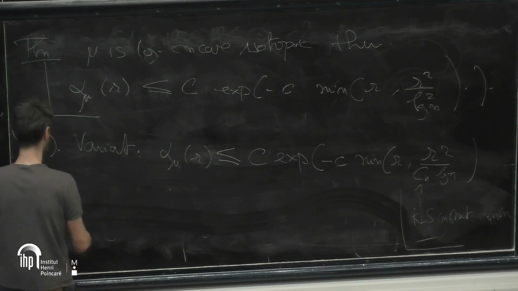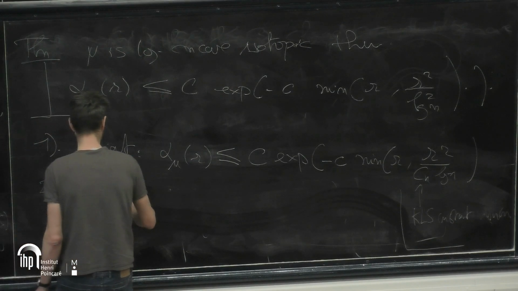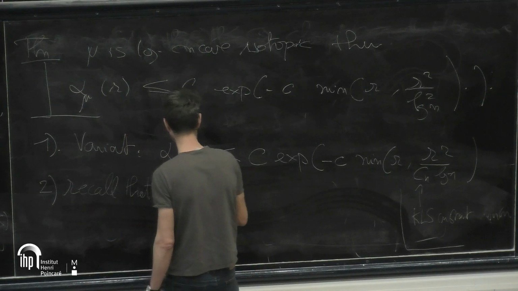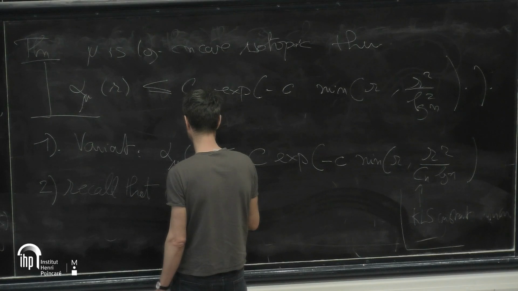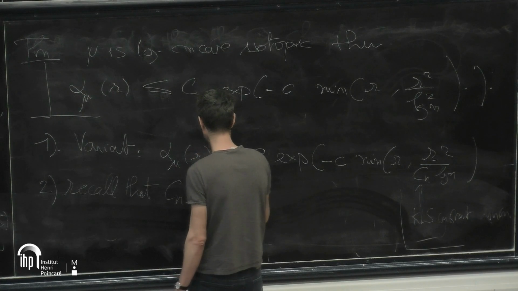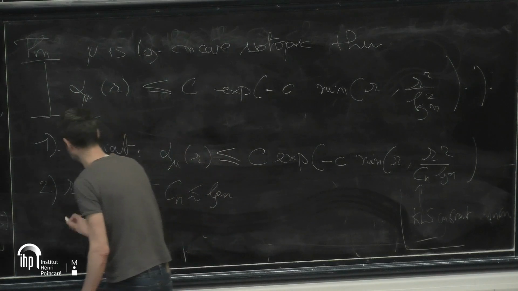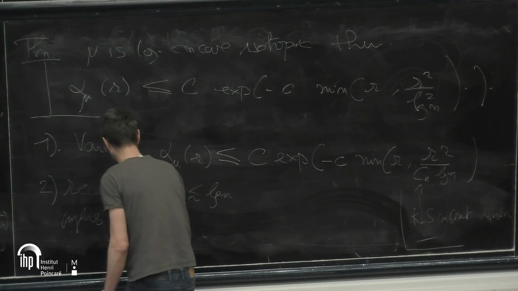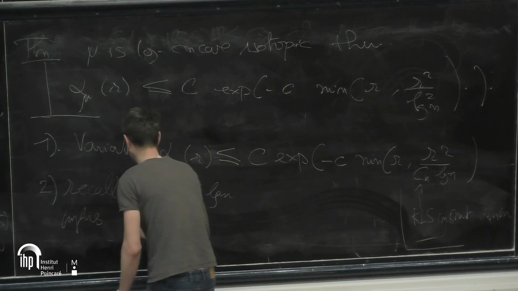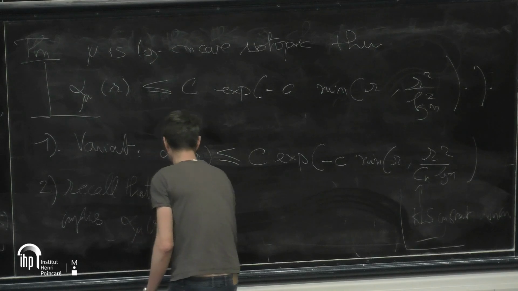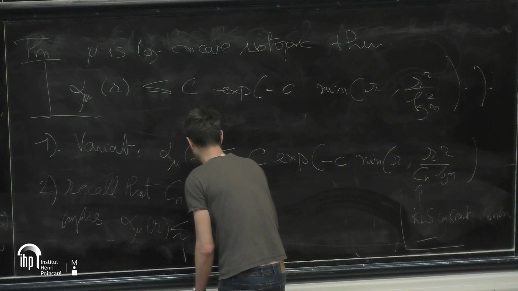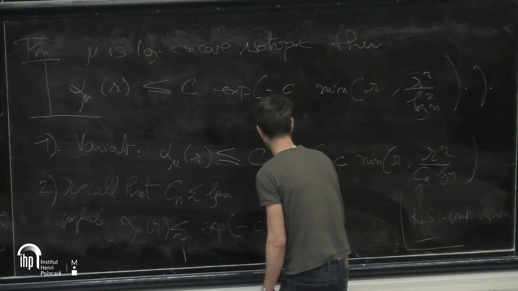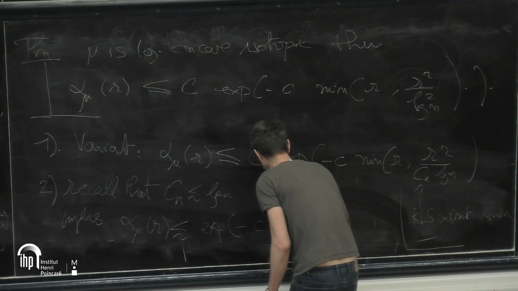To recall that Cn, from the boundedness, again implies alpha mu of r is less or equal than e minus c r over square root log n.